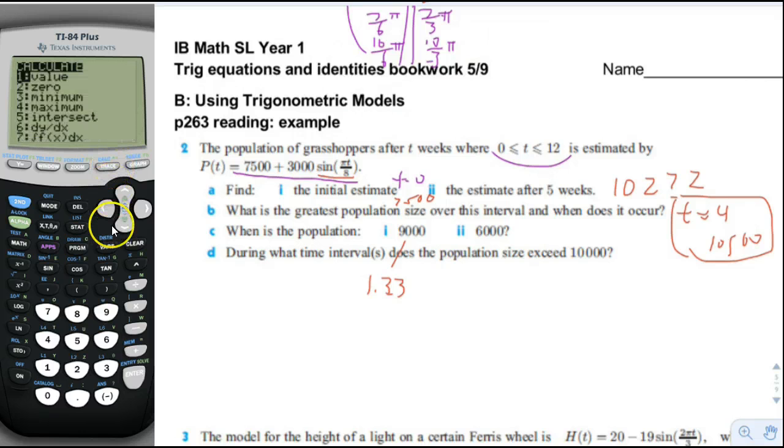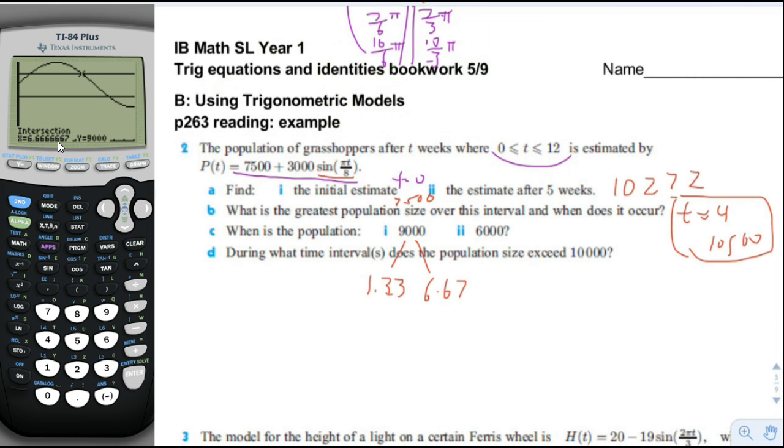And then the other one, second calc, intersect 5. Oh, the first curve is that one, yes. Second curve is that one, yes. And then the guess, let's move it closer to that one. And that is at 6.67 is the other point. What about 6,000?